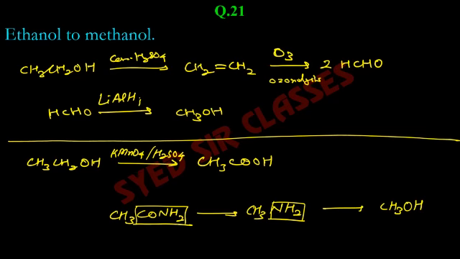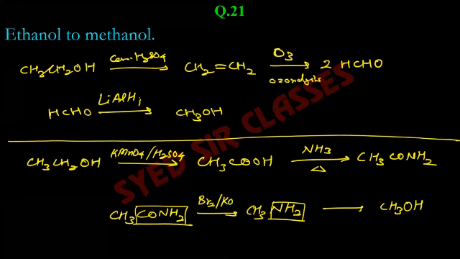And acetic acid, when you react it with ammonia, obviously you need to heat it, then it will give you amide. After that, this amide, I have already told you how to convert it. We use bromine with KOH to convert it to amine.